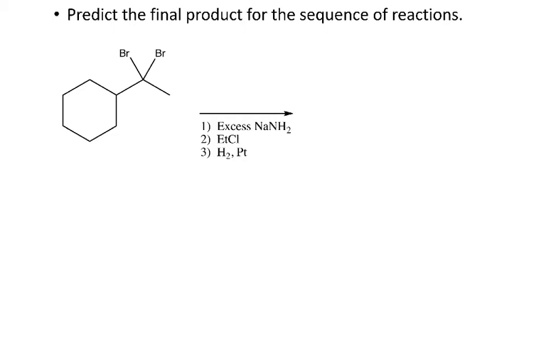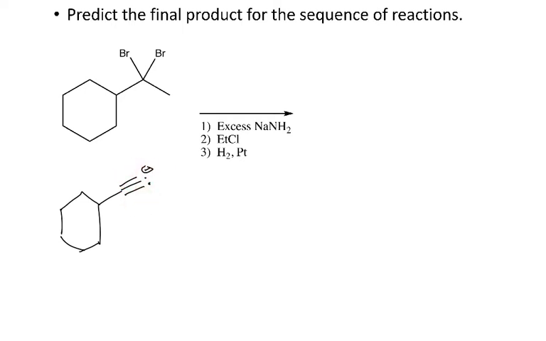Right, so when I react this with excess NaNH2 and I don't then react it with water, that's going to give me the terminal alkyne. Because I don't react it with water, I don't protonate it, and so this is going to be a good nucleophile.